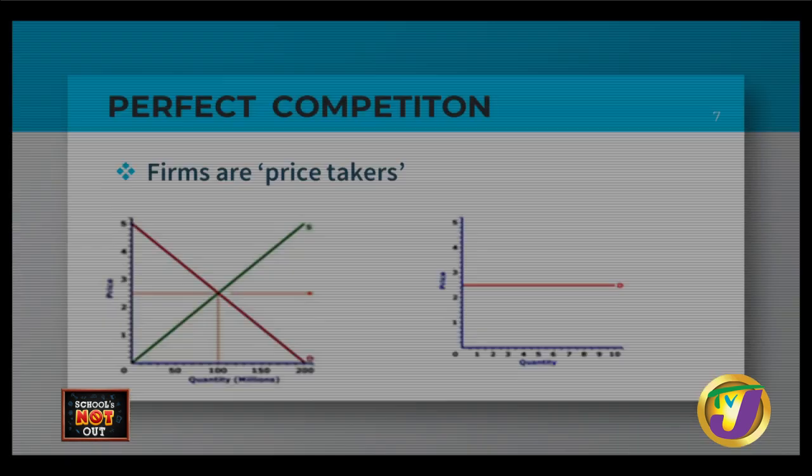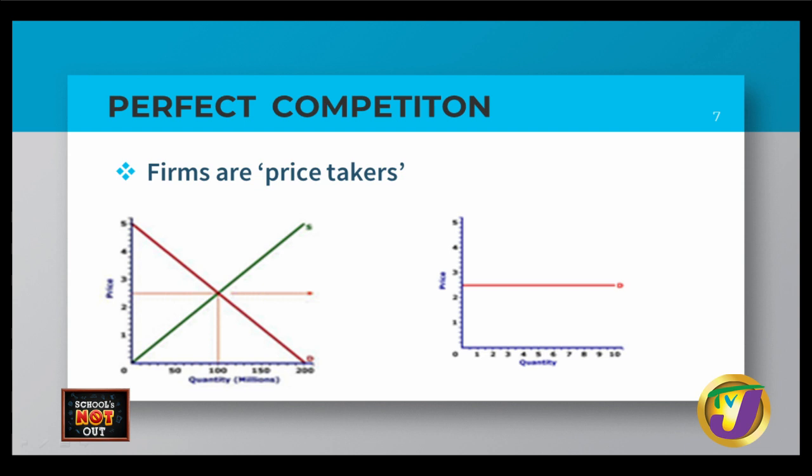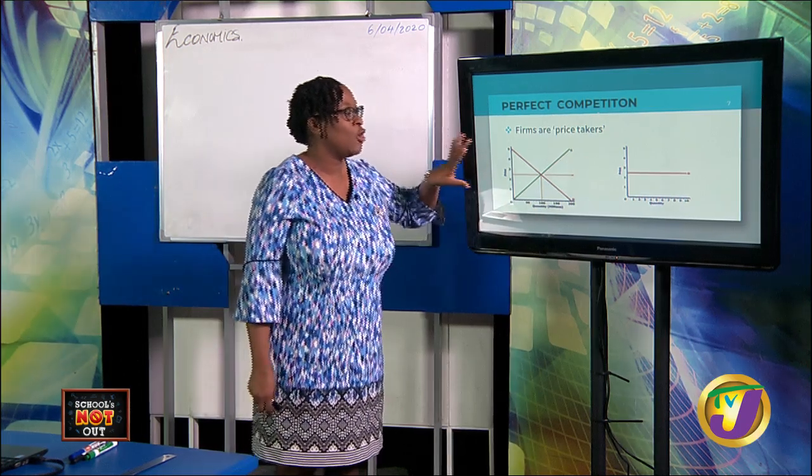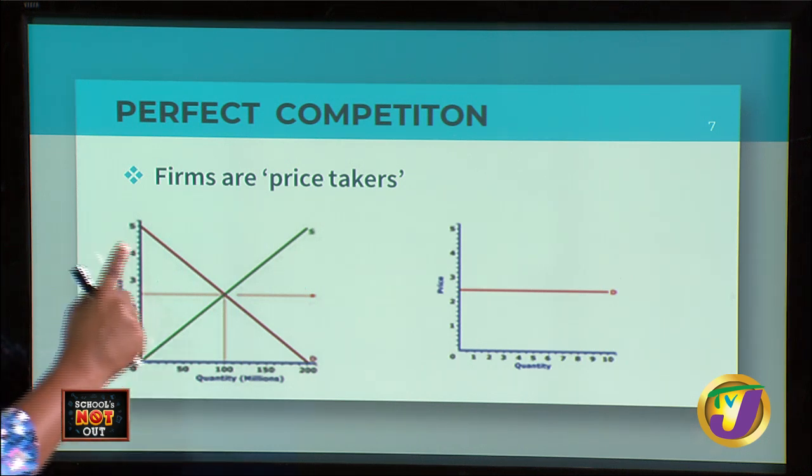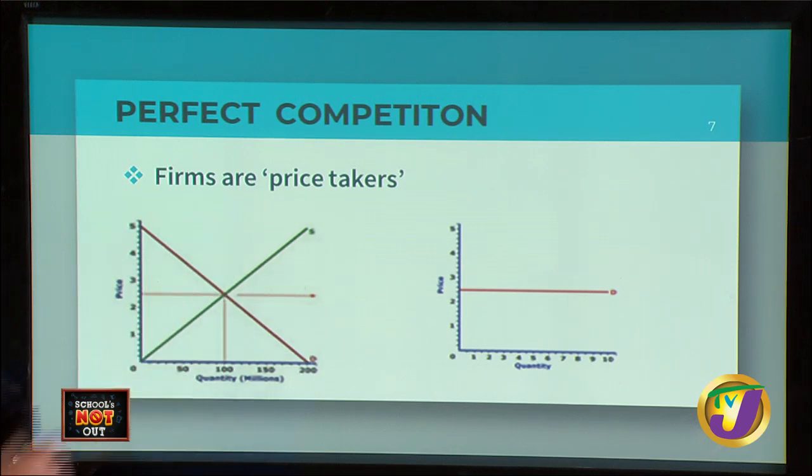Now, another important feature of this competition is that firms are noted as price takers. This diagram here represents the industry. The industry, or the market, is dominated by the forces of demand and supply. We have our demand curve and our supply curve.